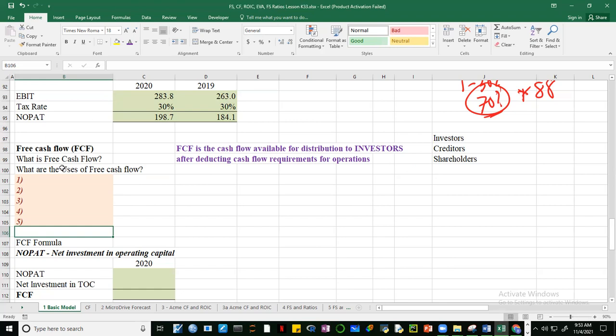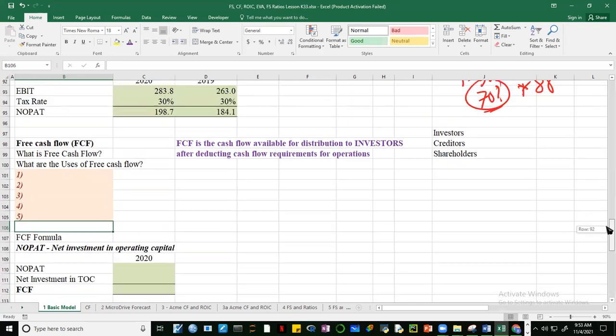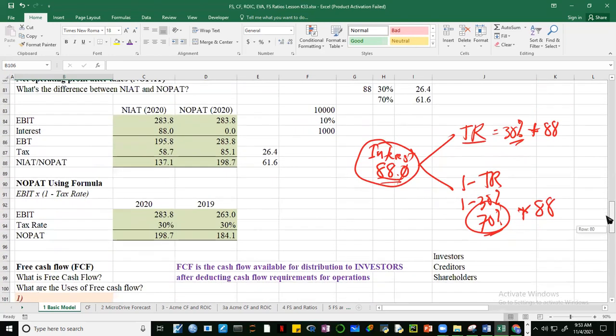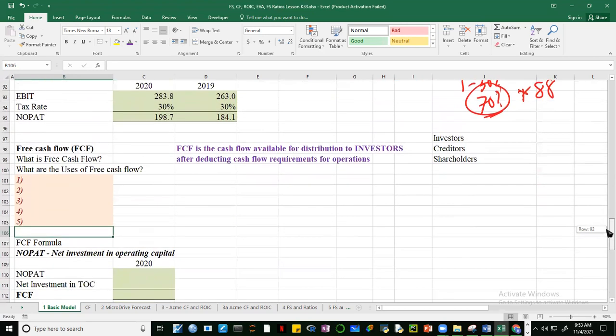What are possible uses of free cash flow? Anyone? I'll give you time to think, guys. Just take note that free cash flow is used for distribution to investors, creditors, or shareholders.